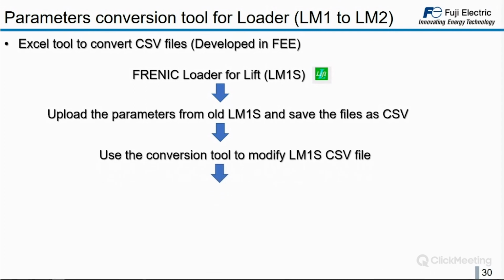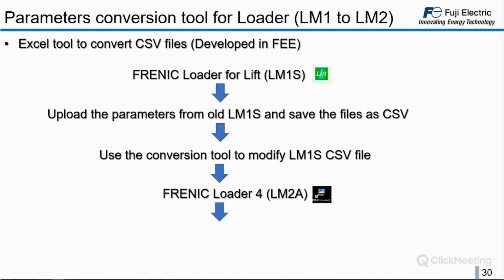Then you go to the tool, this tool that we have developed here in Europe, and this tool is going to take the CSV file from LM1 and convert it, adapt it to a new CSV that can be used in the loader software for LM2. Yeah, loader software for LM2 is Loader 4. Loader 4 is a global loader software where we can use LM2, but we can use as well ACE, Mega, and all the new generations.